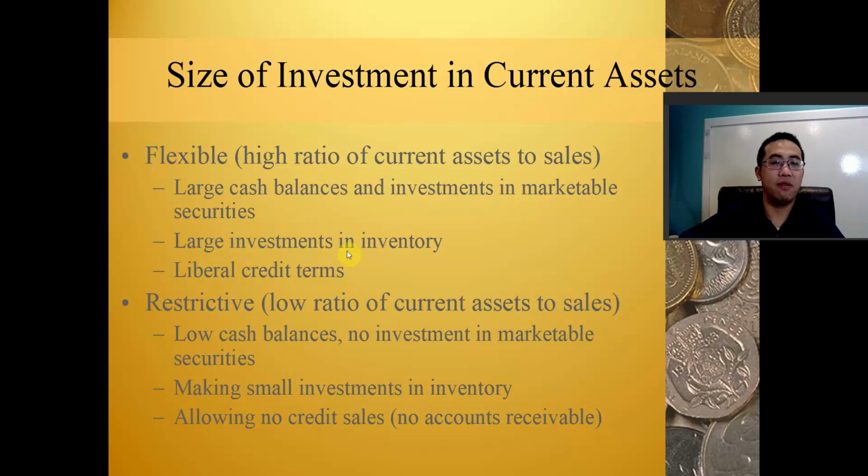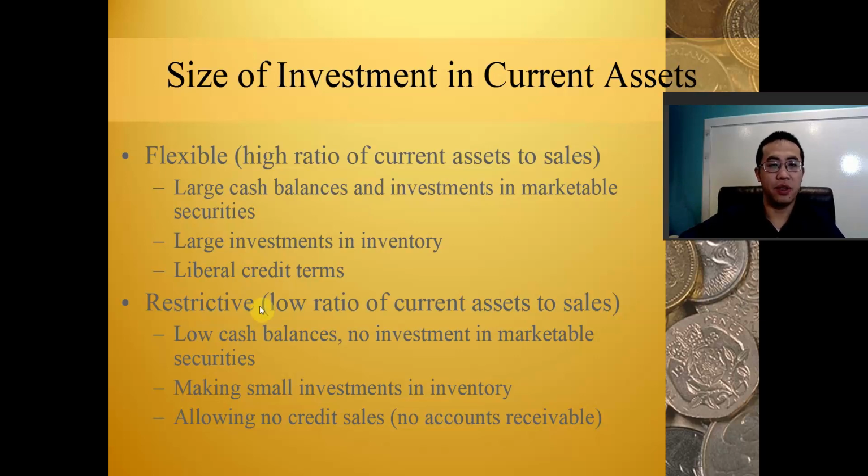You can also have large investments in inventory, and you can have liberal credit terms, which allow you to borrow more. Okay, that must be under the precondition that you don't have too much short-term debt at the current point. So if you don't have too much short-term debt, you can borrow more in the short run.